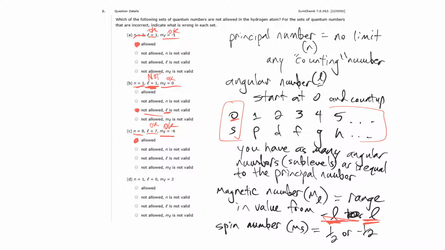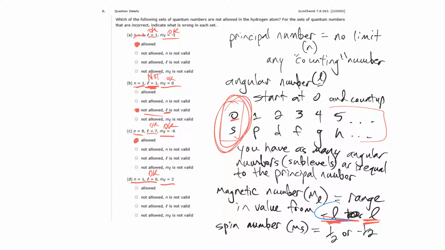That's allowed. Problem D. N equals 1. Of course, that's fine. L equals 0. Yes, that's the number you start with. Your angular numbers always have to start with 0, so that's okay. Magnetic number 2. Here's the problem.